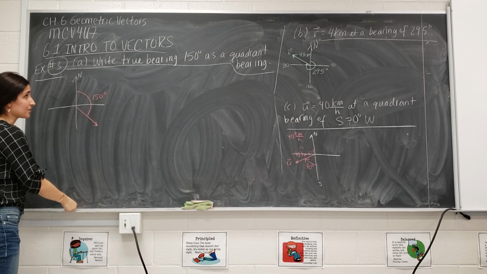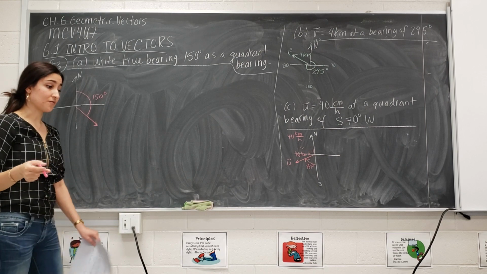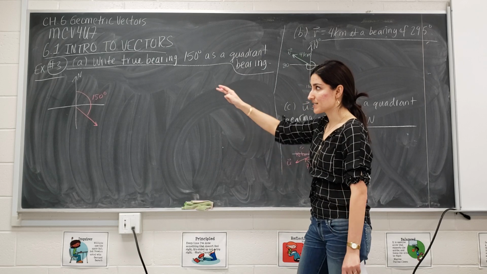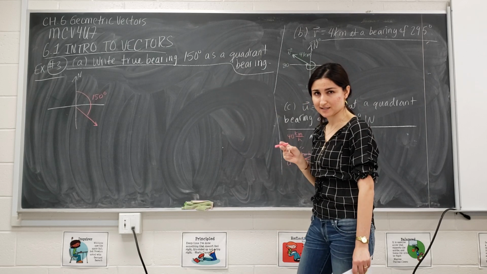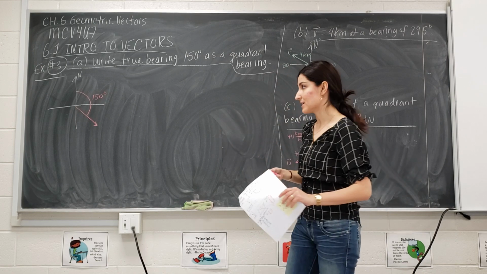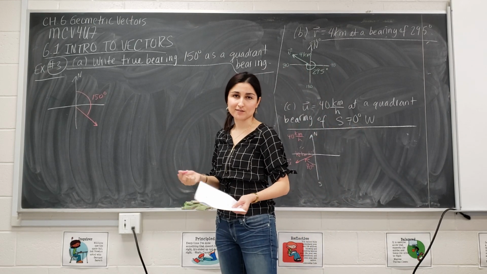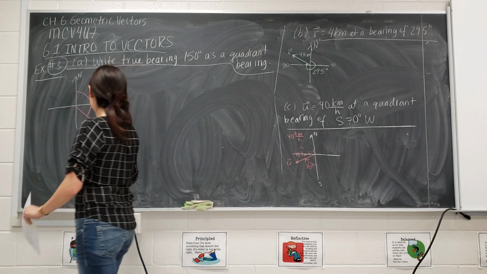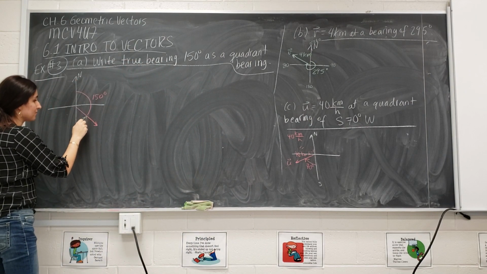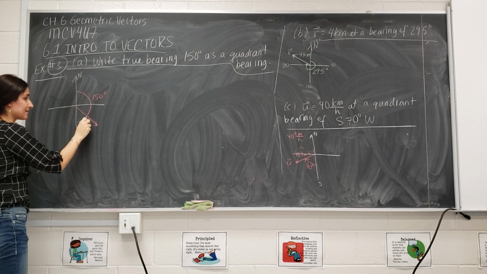Now, giving that as a quadrant bearing, that means I have to start from north or south and then go east or west. Now, I don't want to say north 150 degrees east. Remember that in the definition, the angle has to be between 0 and 90 degrees. You want the smaller angle, right? Why would you make it more difficult? So what you want to do here is say, well, if I start from south, I only have to go 30 degrees towards the east, right?